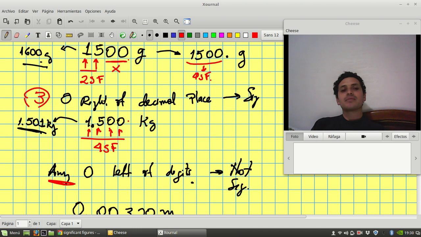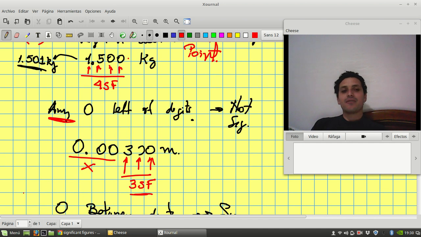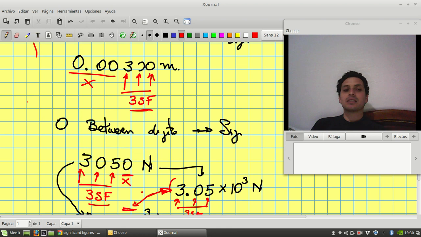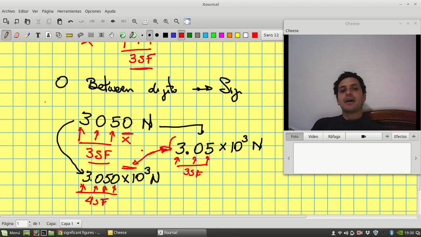Third, zeros to the right of a decimal point are significant. The fourth, any zero to the left of digits, not significant. And the fifth, zeros between digits are significant.